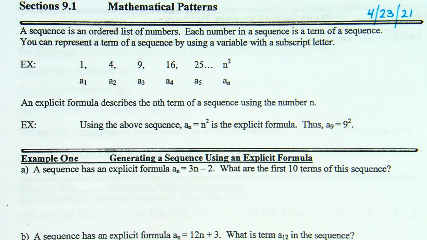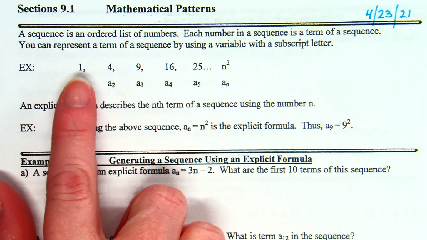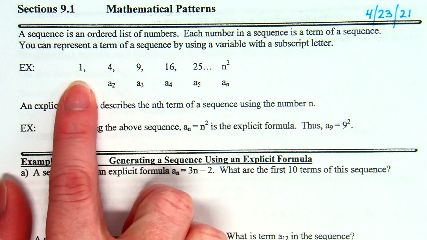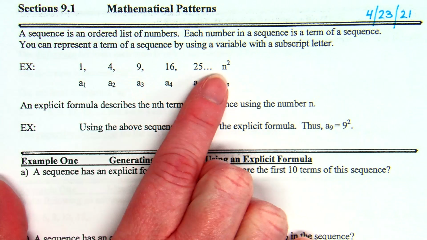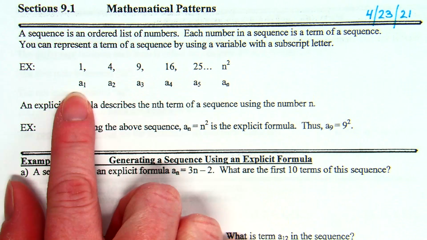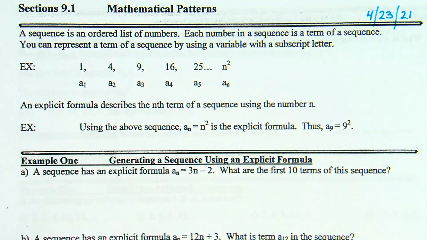So when you have a sequence of numbers, it doesn't necessarily have to have a certain pattern. It may or may not, but a sequence is an ordered list of numbers. Each number is a term, meaning if we have the sequence of numbers 1, 4, 9, 16, 25, ..., n squared. A1 represents that this is the first term.